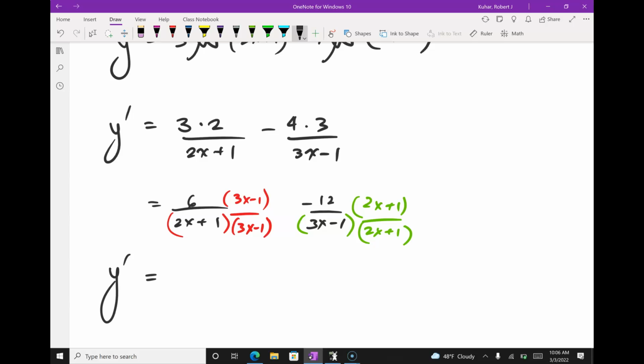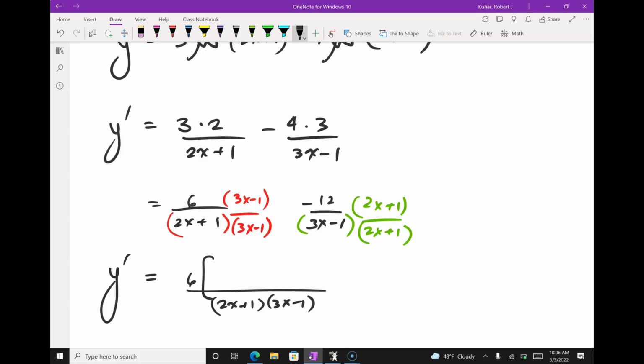Everybody okay? Well, now downstairs, I definitely see that I have my LCD. I have a 2x plus 1 times a 3x minus 1. And upstairs, I'm going to want to factor. Right away, I can take out a 6.